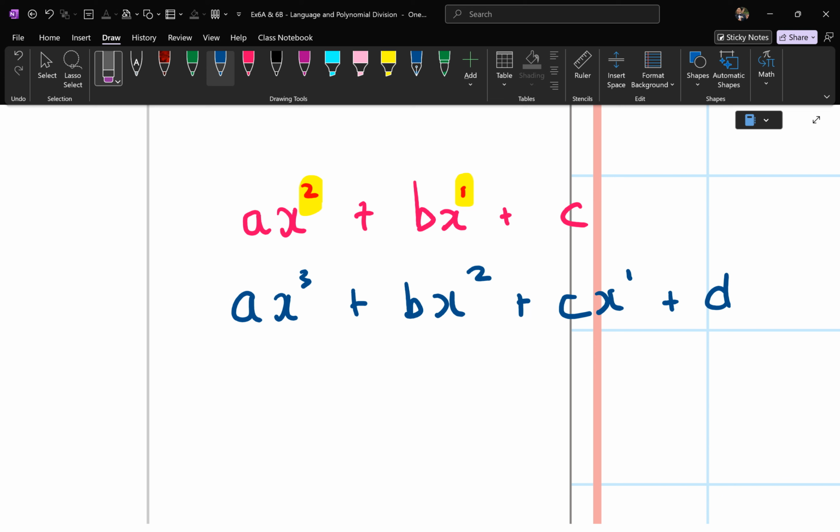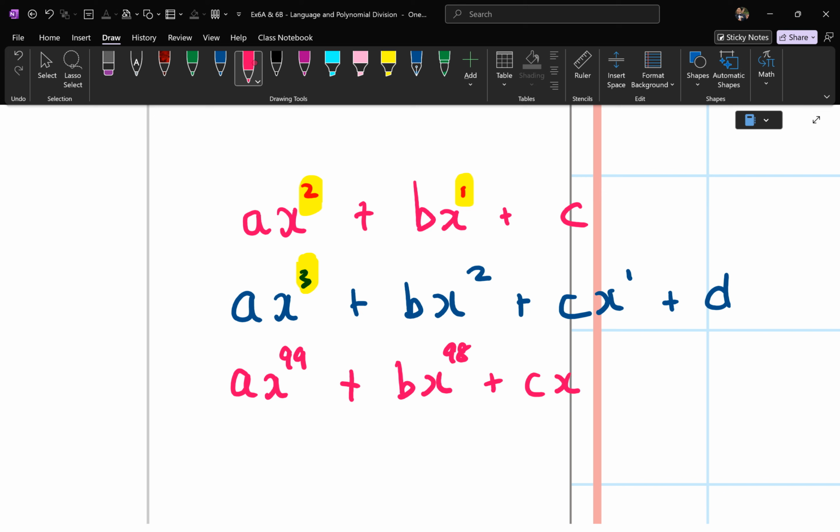But then I could have had, because polynomials simply mean x to the power of n, it could be any power. So I could follow the same pattern and say, well, what if it was x to the power of 99? Then the pattern would then be plus b x to the power of 98. So you're starting to see there's a pattern here.